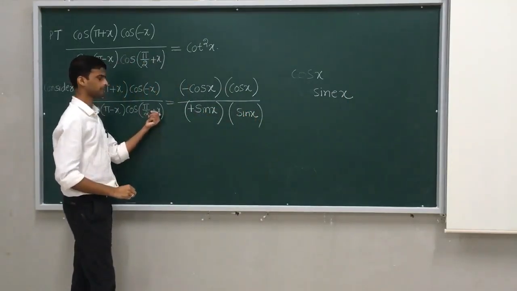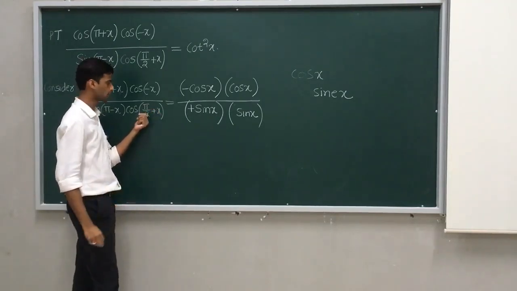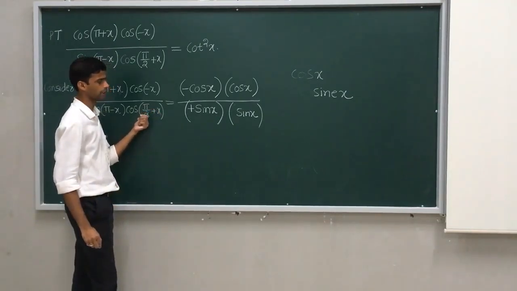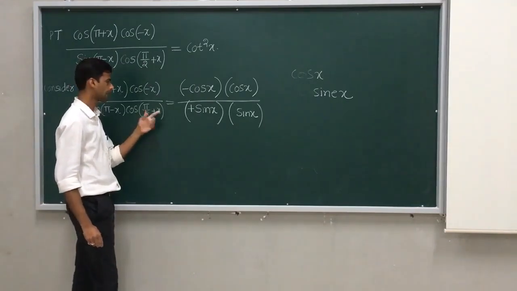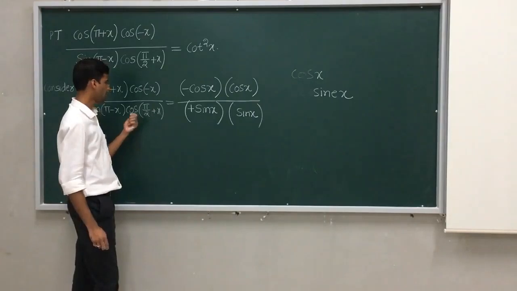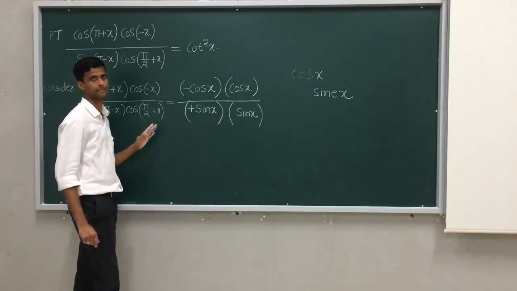90 plus means it is in the second quadrant. In the second quadrant, according to ASTC rule, you will get sin positive. But we have to think what kind of problem we will get here.